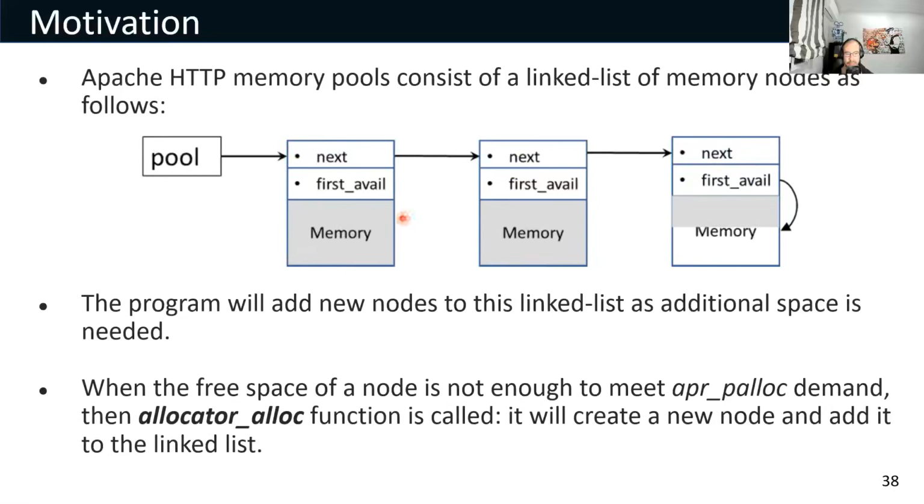This is the memory available in the first node, this is the fixed memory available in the second node, and this is the memory available in the third node. As you can see in the third node, there is still some free space available. Then, when more space is needed, the program will add a new node at the end of the list.